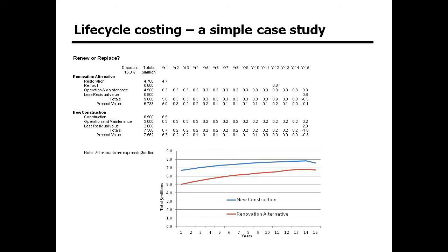So if we consider a very simple case study here, very simple numbers to demonstrate, we can look at a renovation of a building and a new construction of a building.